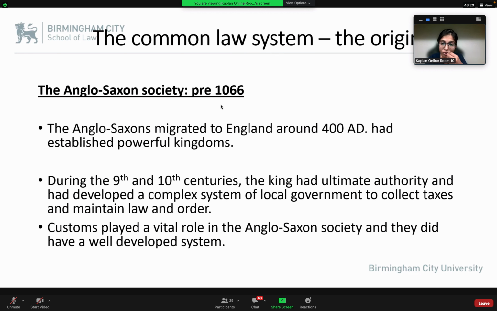So that's how you refer to it, okay? So the English legal system is based on the common law system. So the system itself is called the common law system. So in other words, the Singapore legal system is based on the common law system.